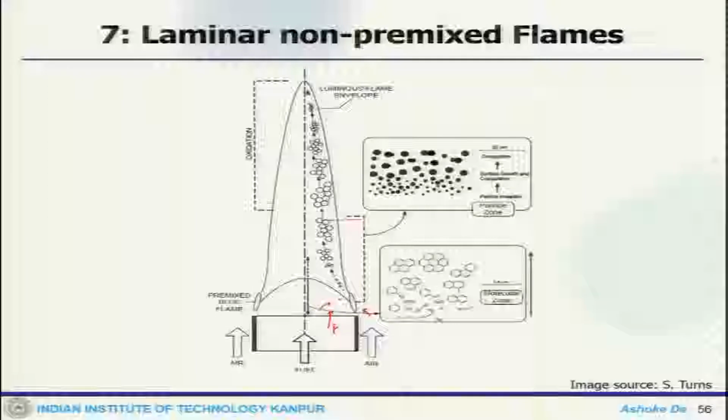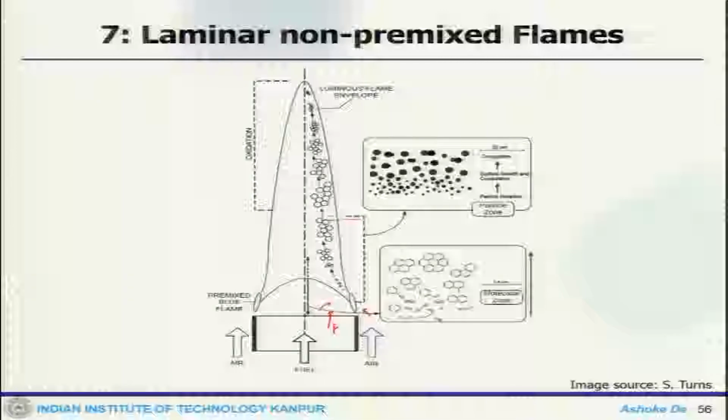Then at this position of the flame, the other process which takes place, from here to here within this visible flame height, is that from this sheet like structure a phase change takes place. You start getting small size particles, and when these grow there is surface growth and coagulation.